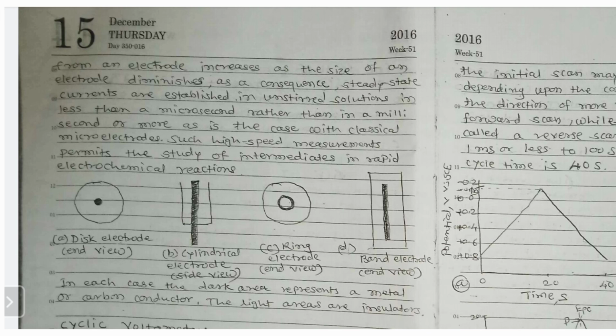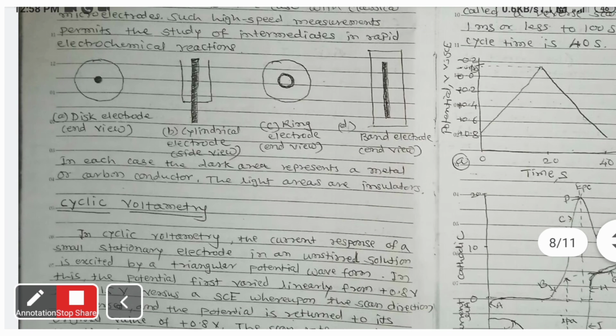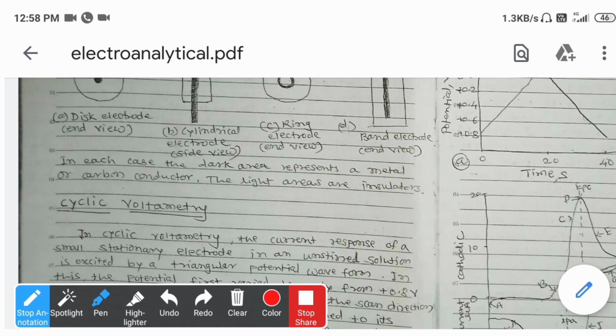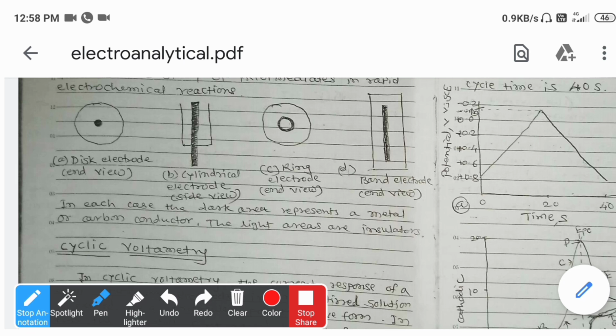The current is in milliseconds in the case of the classical electrode, so with high speed measurement we can study these short interval currents. These are the various shapes available for ultra micro electrodes: disc, cylindrical, ring, and band type electrodes.